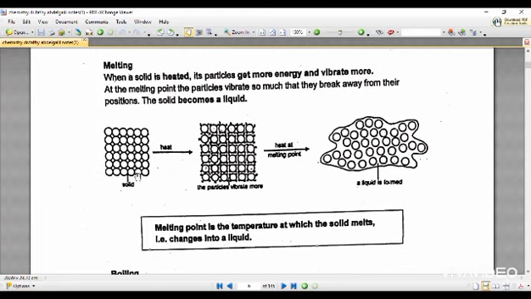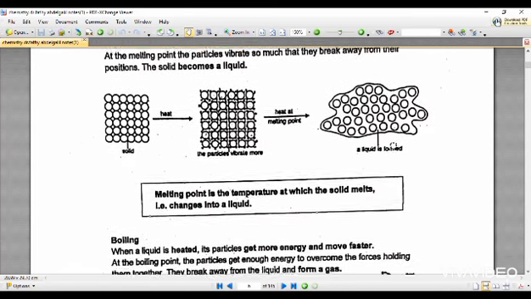You can see from this figure to this one that the volume increased, because the distance between particles increased as they vibrate more in their positions. But you must know that the size of the particles stayed the same. Only the distance changed, and they were converted into a liquid.